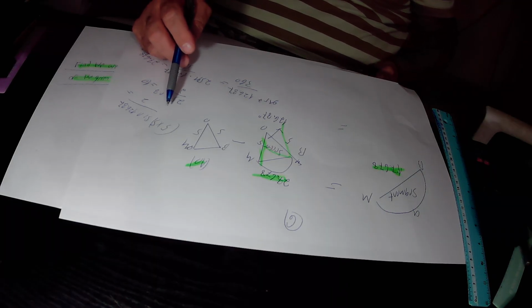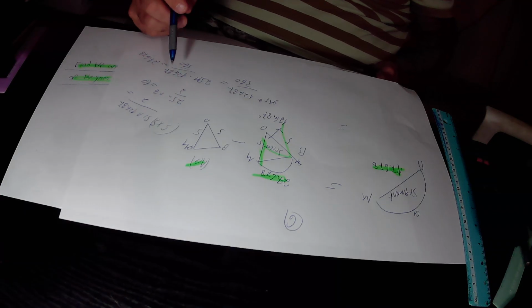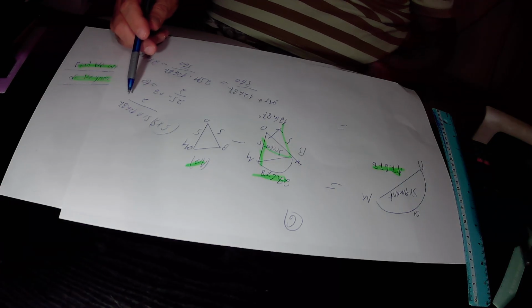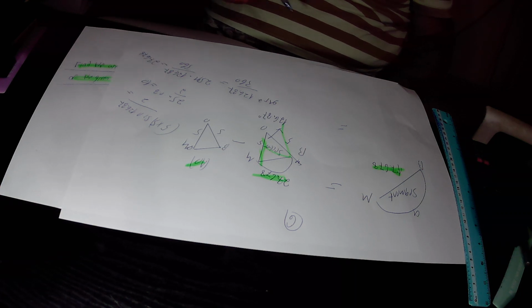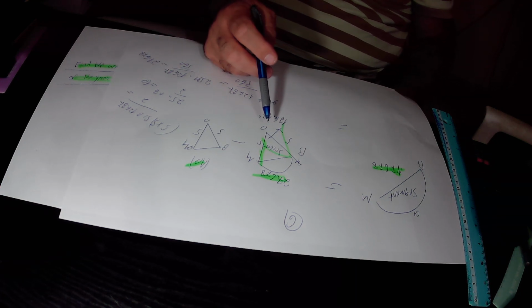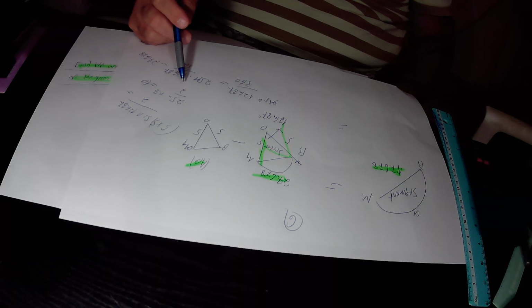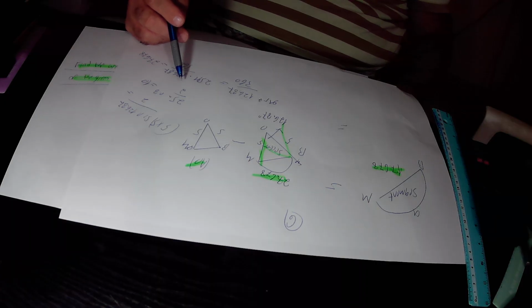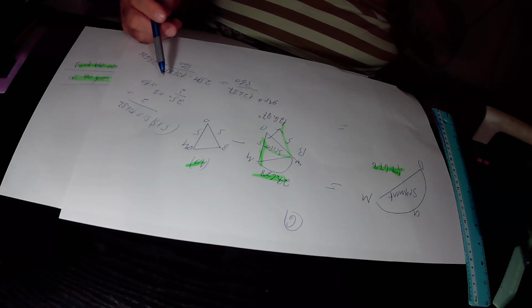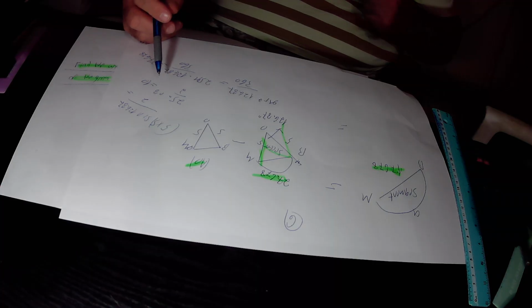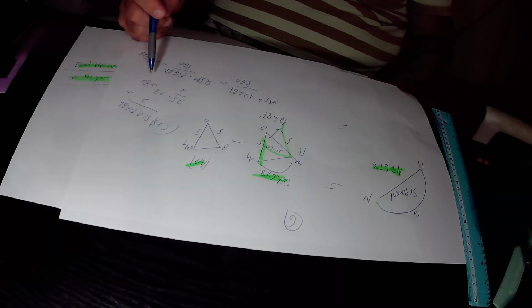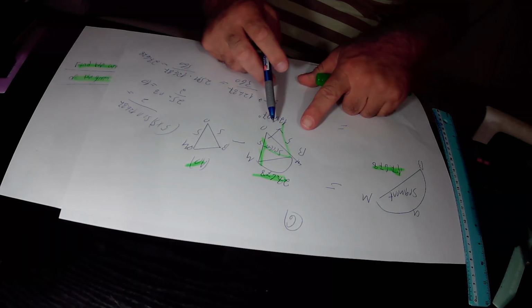R is 5, so r squared is 5 squared, that is 25, over 2. 25 over 2 times sine 126.87 degrees, which is actually 0.8. So in total, the area of this triangle BOM equals 25 over 2 times 0.8. 25 over 2 is 12.5, times 0.8 is 10. So we found out that the area of this triangle BOM equals 10 square units in its size, minus the area of sector BOM.